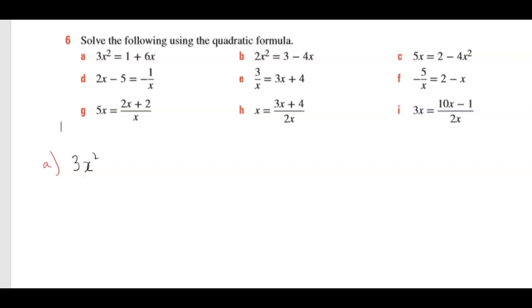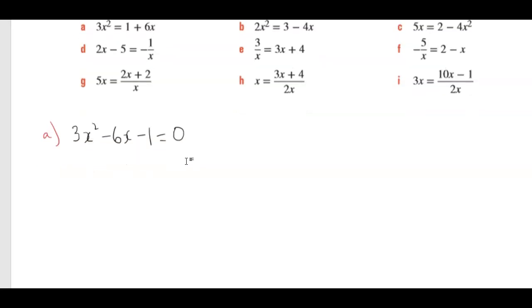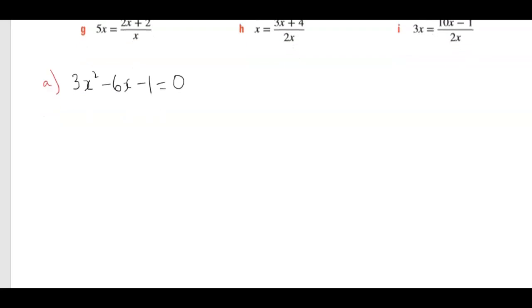So the positive 6x comes over as negative 6x, and then we've got the negative 1. And then you can identify your A, B, and your C. So A is 3, B is negative 6, and C is negative 1.